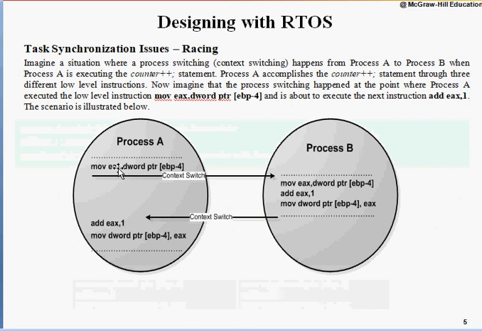When process B is enabled, there should be a switch to process B, and its set of instructions should be executed. The counter value will get modified only if you perform the add instruction, because these 3 lines of code equal counter plus plus. So when you're partway down these lines, there is a context switch, and process B is enabled now.